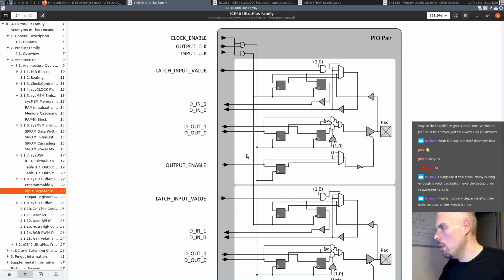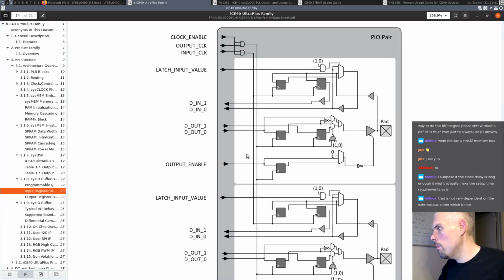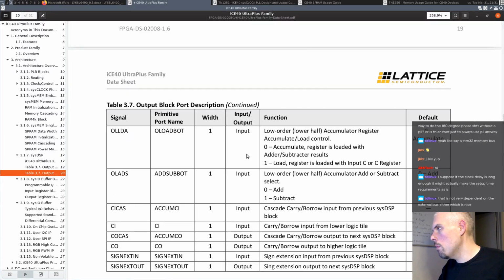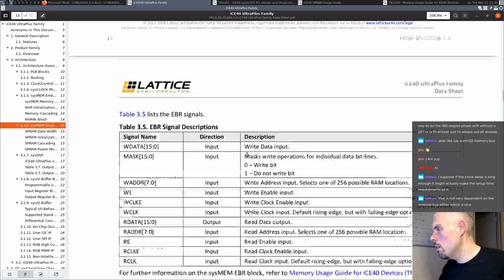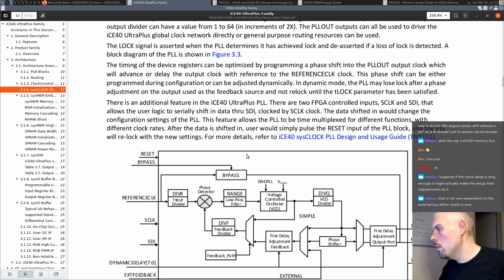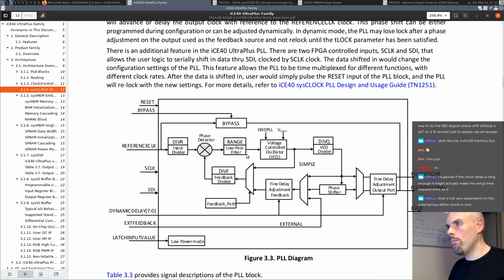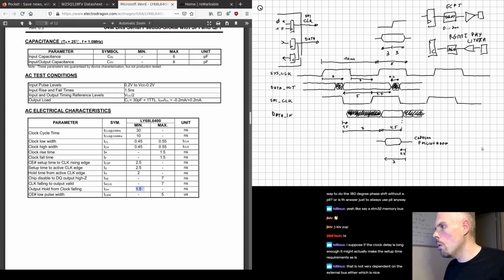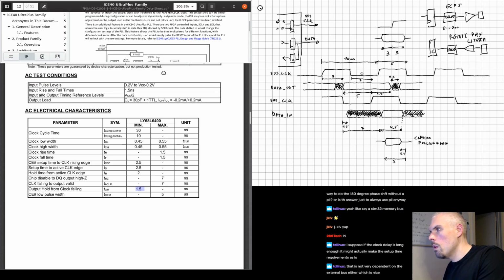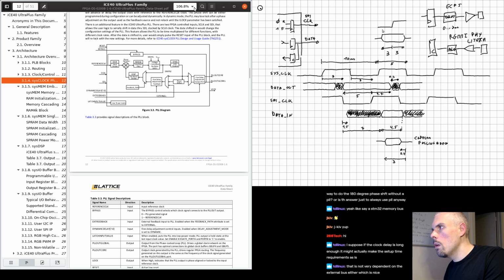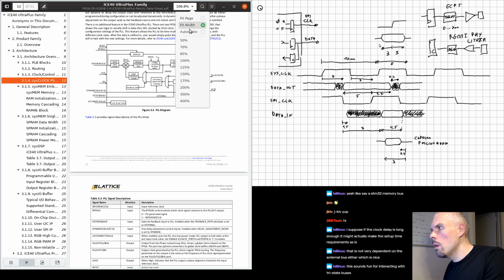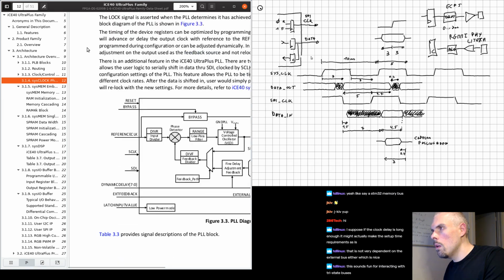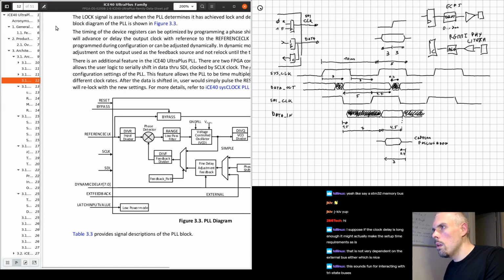If we look, there's a diagram of the PLL here. Actually, can I close this thing?